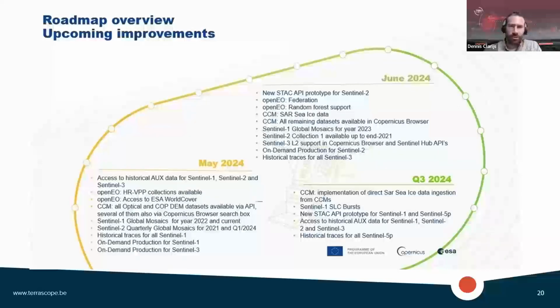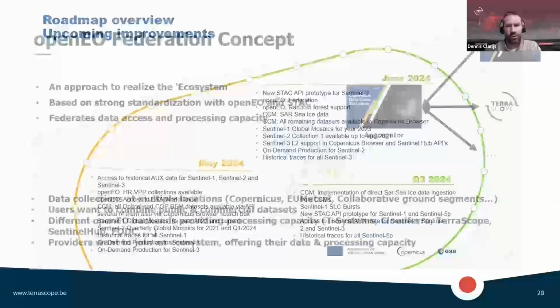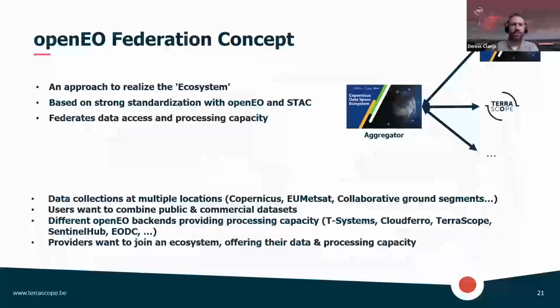One thing that is noteworthy is the openEO Federation that is to be released in June. What is the openEO Federation? That's one of the approaches to realize an ecosystem. Ecosystem meaning that the European Commission, which is funding this activity, really wants to have a place, a space for companies to further build upon with all the functionalities that are there.